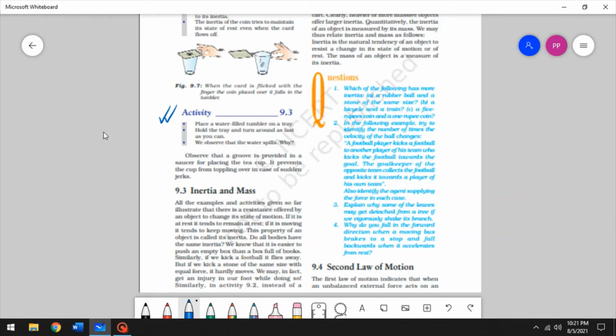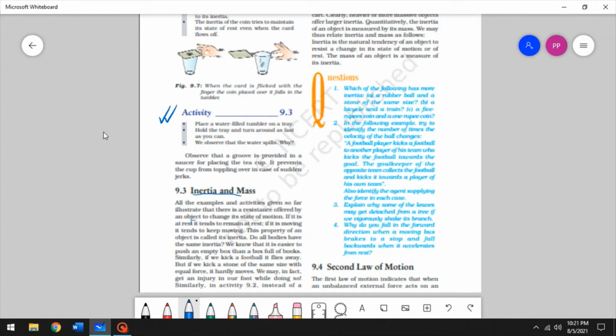Alright? Okay, so we're talking about inertia and mass here. Until now, whenever I talked about motion, I said that an object moves under the influence of an unbalanced force, it moves in the direction of the greater force, right? That's what I kept saying.